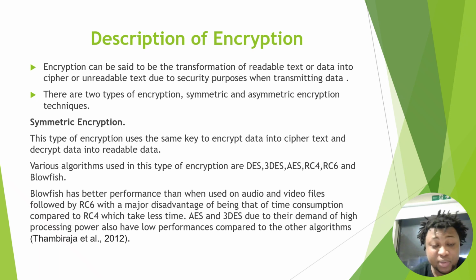The major advantage of Blowfish is that it uses less time when converting data into ciphertext compared to RC6, and also compared to RC4. AES and triple DES, due to the high demand for processing power, also have a low performance compared to the other algorithms.